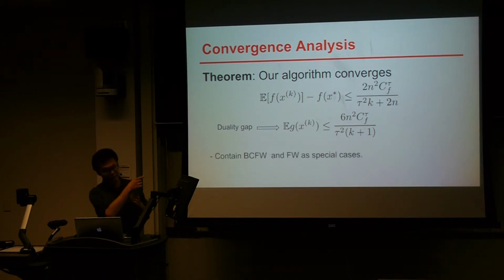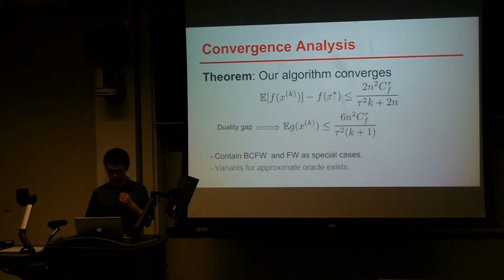By the way, this convergence result actually contains the block coordinate Frank-Wolfe convergence result and the batch Frank-Wolfe as special cases, if we choose tau to be n for the batch method, and tau equals 1 for the block coordinate method. This is a simplified version of our convergence result, and we have the variance for approximate oracle solves and other things.